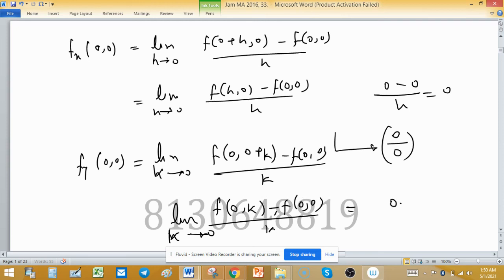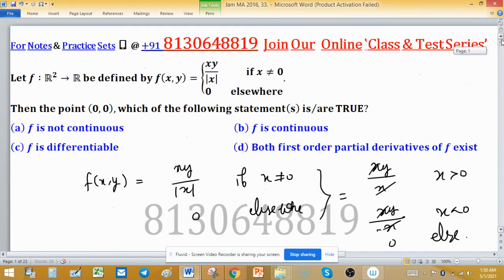The x coordinate is 0, so 0 minus 0 divided by k. So again we obtain the limit 0. Means partial derivatives exist at (0, 0). Also the function is continuous. So options B and D are true.